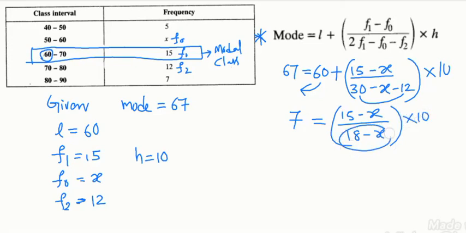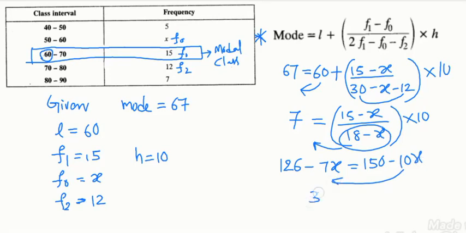So the denominator just transposes, it will multiply. So 7 into 18 will give you 126 minus 7x is equal to 10 multiplied by the numerator, 150 minus 10x. So 10x take and come, plus 10x. 10x minus 7x will be 3x, that is equal to this take and go, 150 minus 126 is 24.